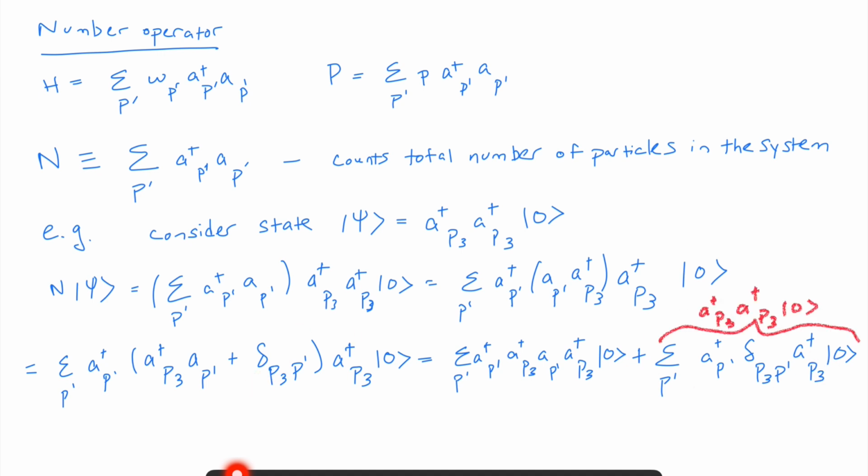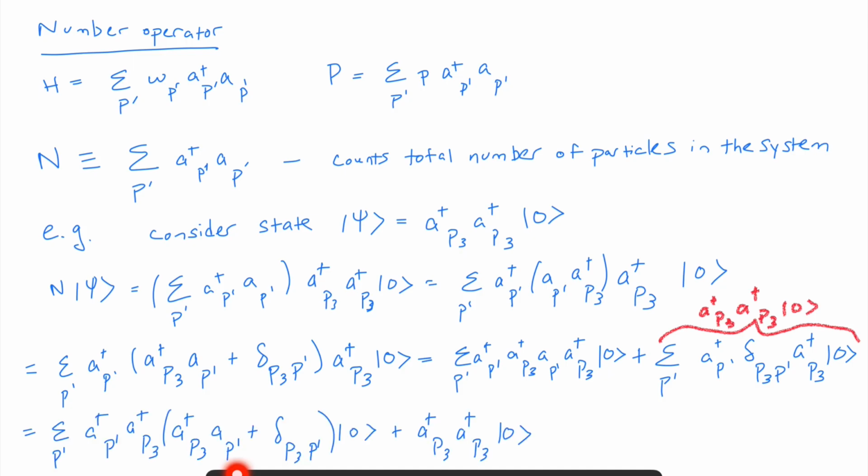Keep moving forward. The delta function, when we do this sum, forces P prime to be equal to P3, and so we can get rid of the sum and just rewrite this like this: A dagger P3, A dagger P3. Now this term over here, if you look at these two, can also be re-expressed using the same commutation relations.